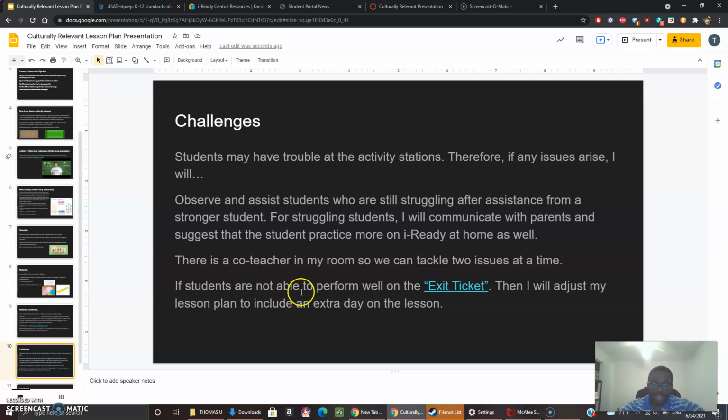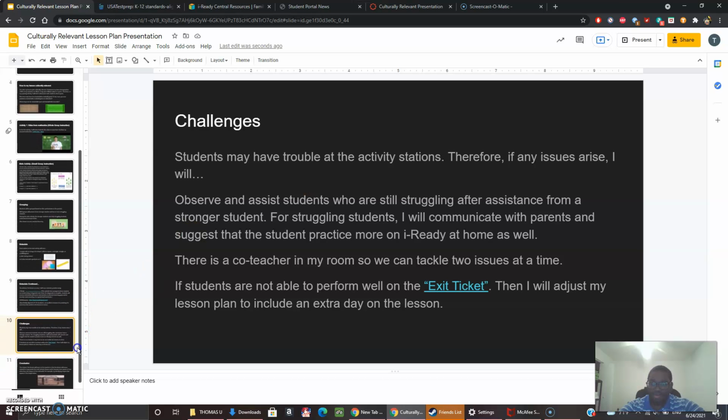And also, if the students don't perform well on my exit tickets, then I will adjust my lesson plan to include an extra day on the lesson. And I said this already, but students that have troubles at the stations, either reading or understanding the concept of what the assignment is, I can have these stronger students help them with that.